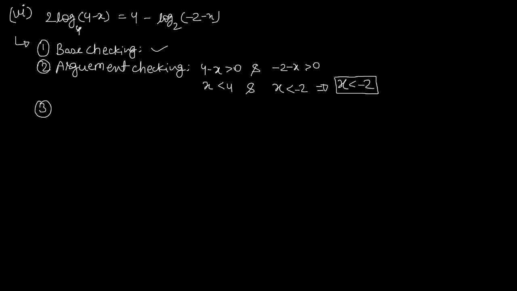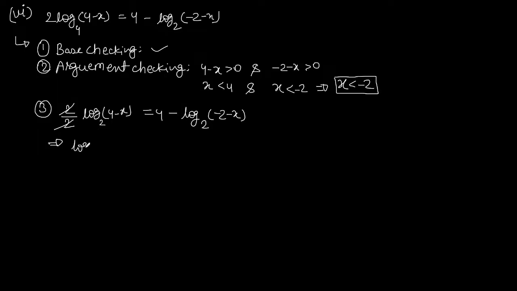Now what will happen? From 4 we'll take 2 square. So it is 2 log 4 minus x base 2. This is 4. This is minus log base 2 of minus 2 minus x. 2 cancel. We'll send it this side.